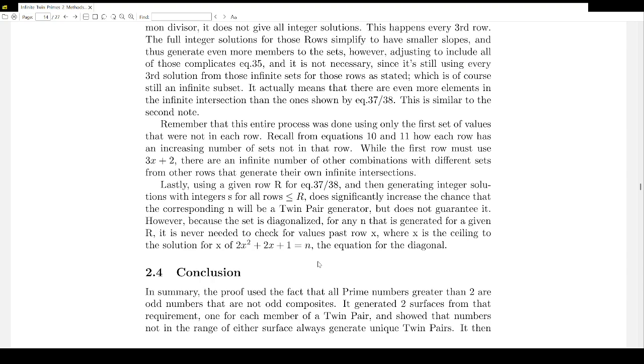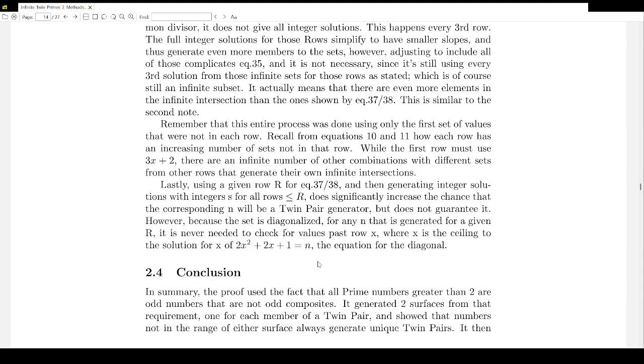So this goes back to what I was just saying, where because the set is diagonalized, and because the row values increase by the odd number and those slopes get bigger and bigger, and because you're only checking up to certain values, the numbers in subsequent rows eventually get so big and pass any number that you would want to check from any previous rows.